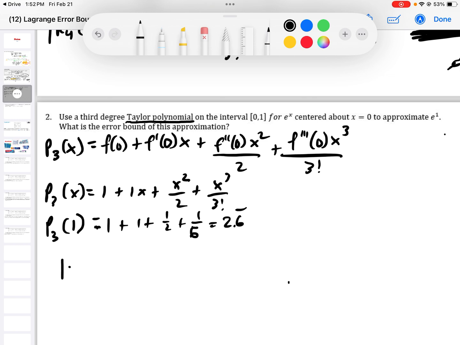We use it to approximate e to the 1. If I want to find the error bound, I'm going to say the absolute value of R sub 3, because we could be too high or too low. The error could be positive or negative.